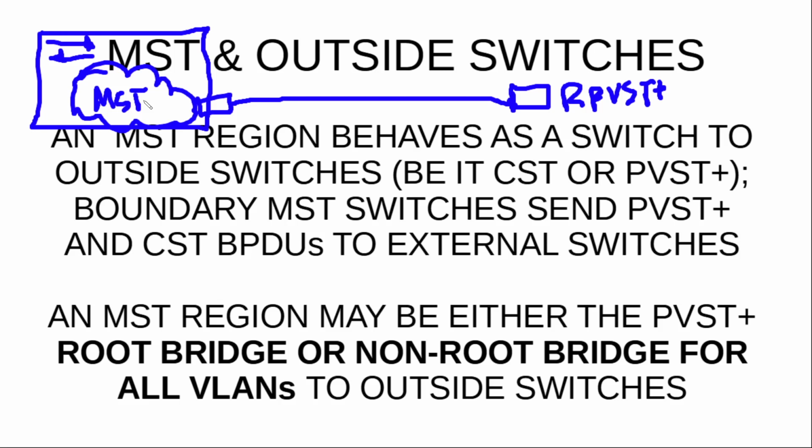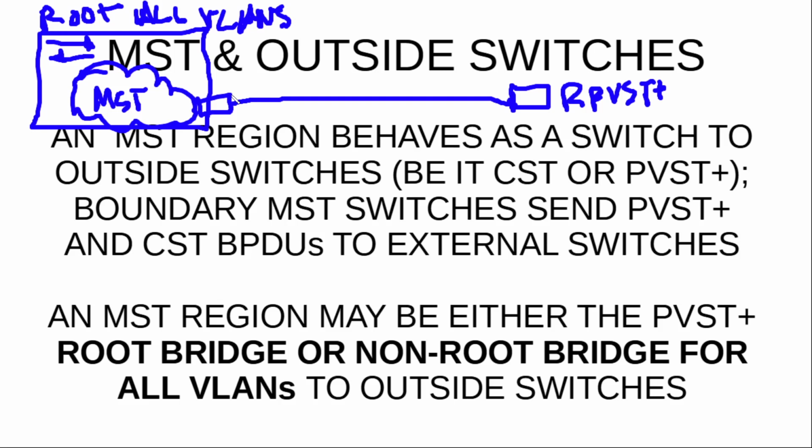In this case, you have two options. You can use this big switch to be the root for all VLANs, or you can choose to be non-root for all VLANs. You only have two options. You don't have a middle ground here.